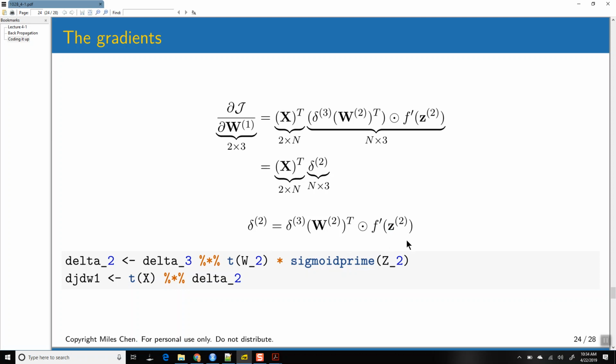So I've just taken this and I've coded that right here. And then J with respect to W1 is X transpose times delta 2. So I do that. Again, just taking exactly the math part and putting it into code.